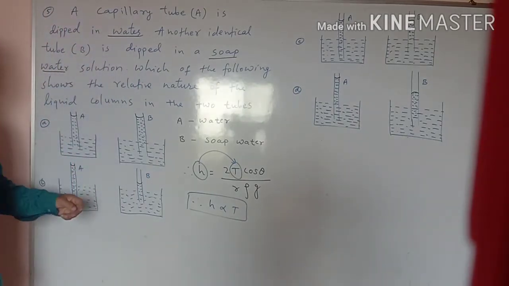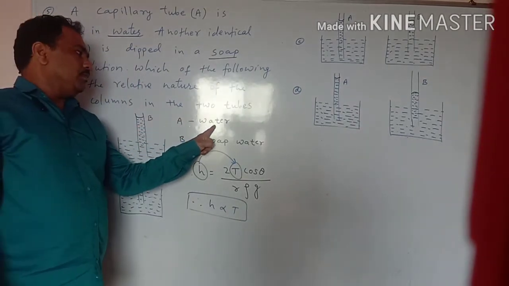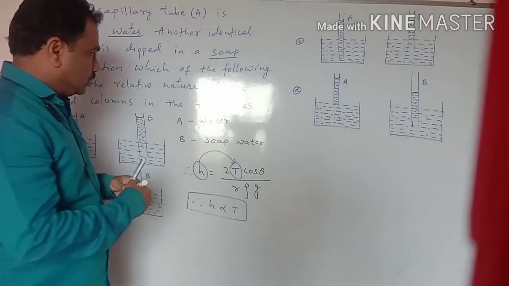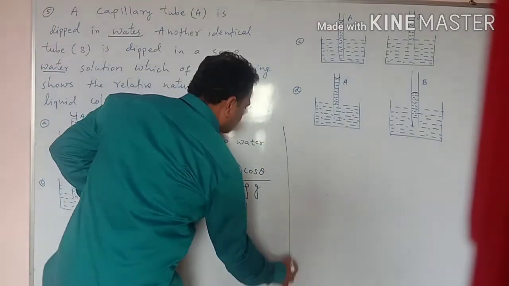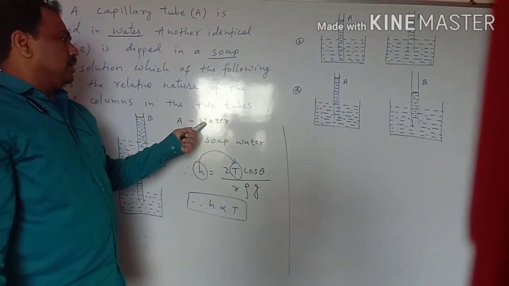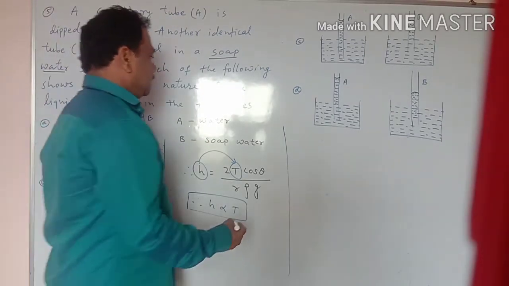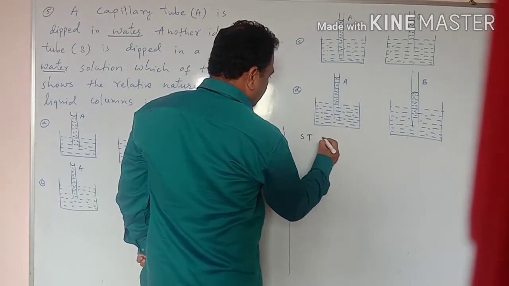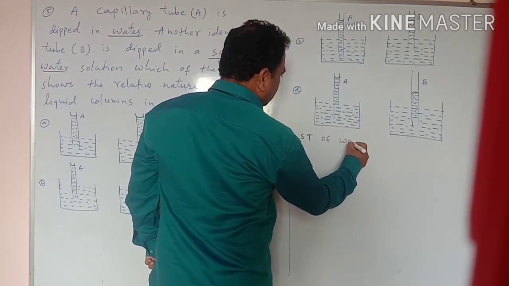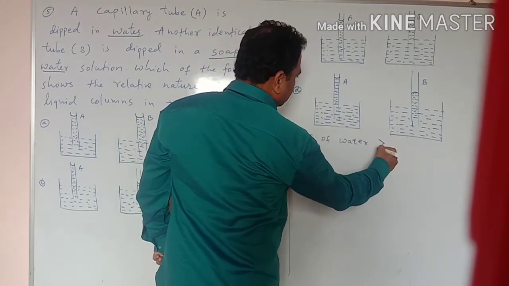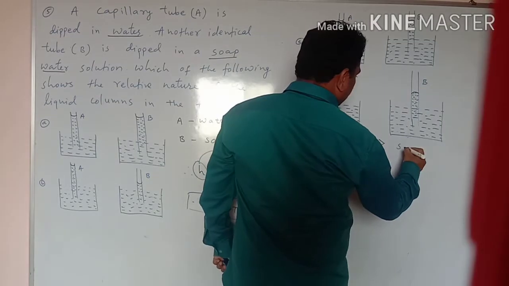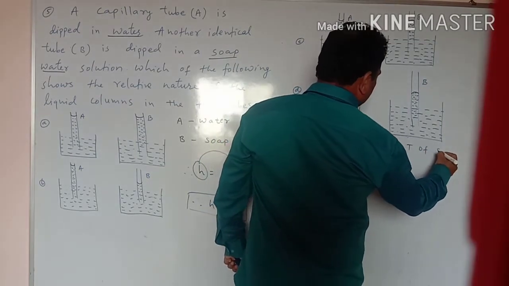Now see here, what is the difference between water and soap water? Water has greater surface tension than soap water. It means the surface tension of water is greater than the surface tension of soap water.